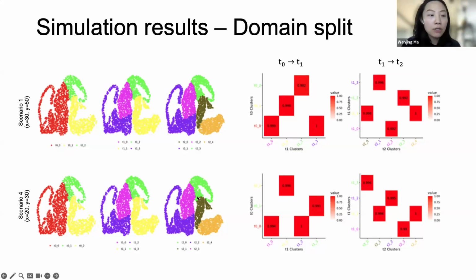And for that OT loss, we just compute 10 to 10, so that will be a fixed number of clusters. So from the embeddings, I obtain 10 clusters from time point 1 and 10 clusters from time point 2, and then I perform the OT loss between the 10 clusters and the 10 clusters.